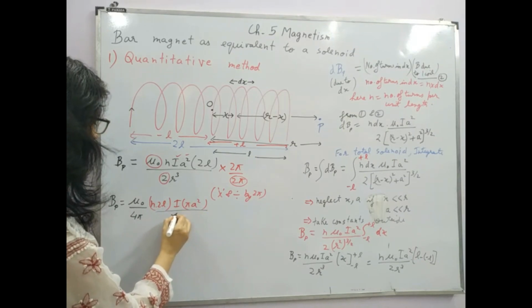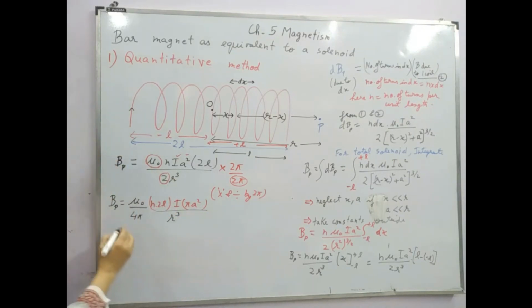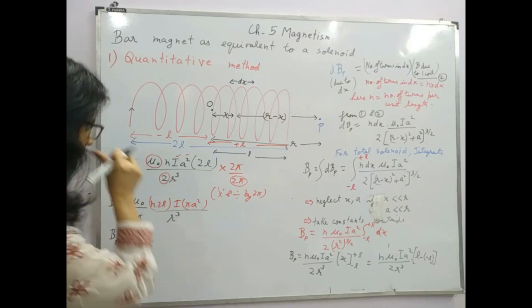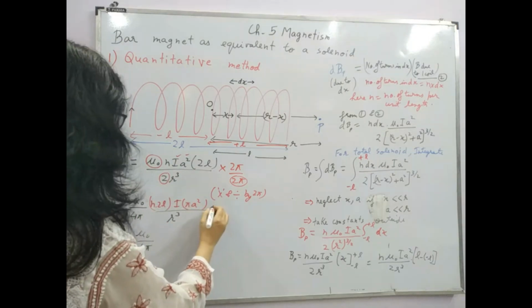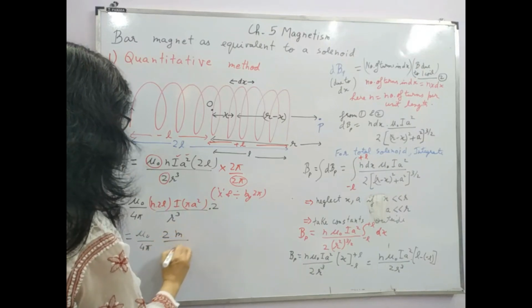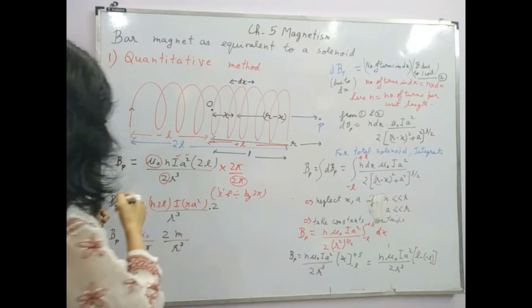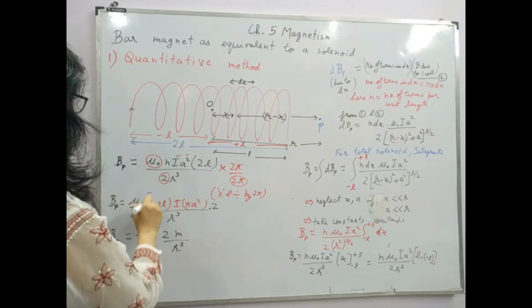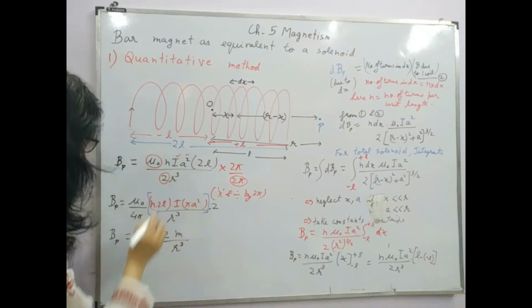This gives me mu naught upon 4 pi and into 2 is also remaining here. So into 2 magnetic moment upon r cube, because what is this? This quantity gives me the magnetic moment.